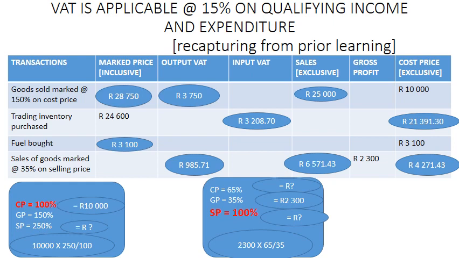We will then add the output VAT to the selling price to arrive at the selling price including VAT of 7,557 rand 14 cents.